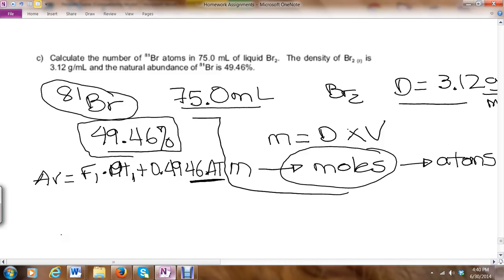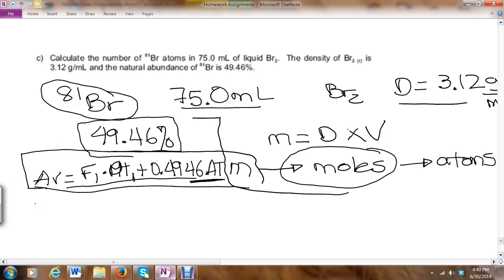So you got here that the average is 79.904 and that the 81 is 49.46% of this, and that's how you do it.